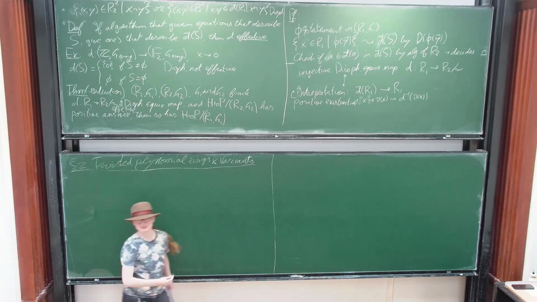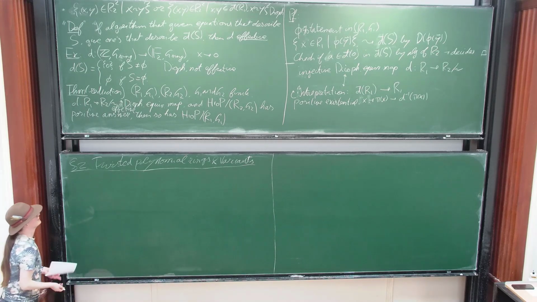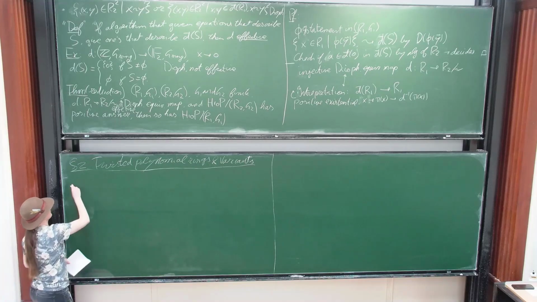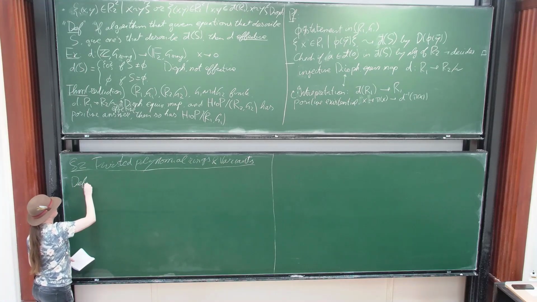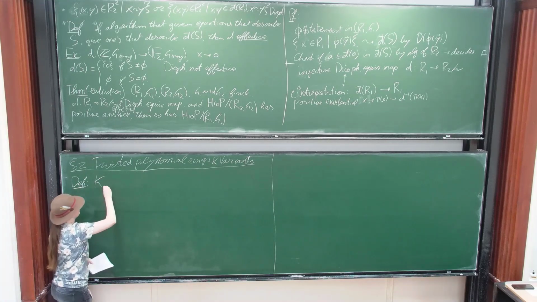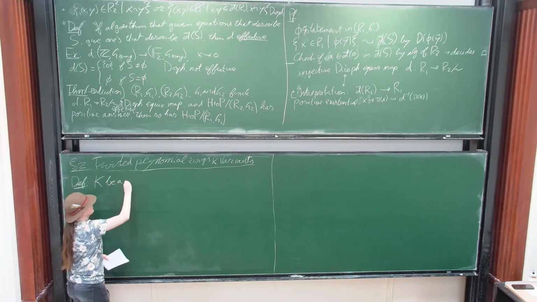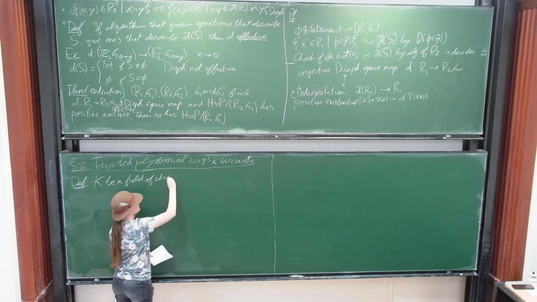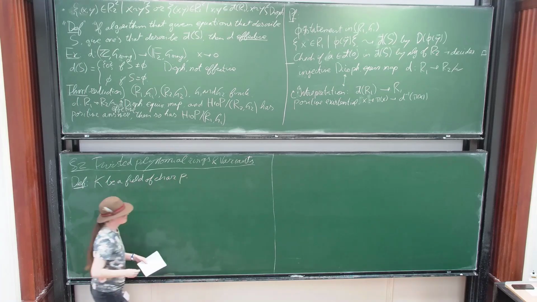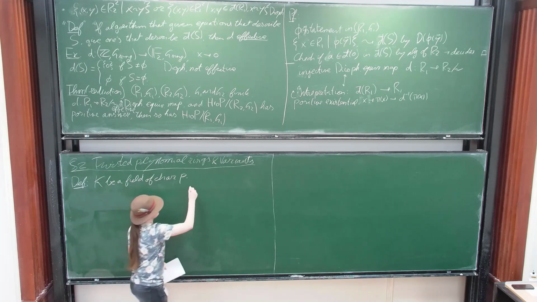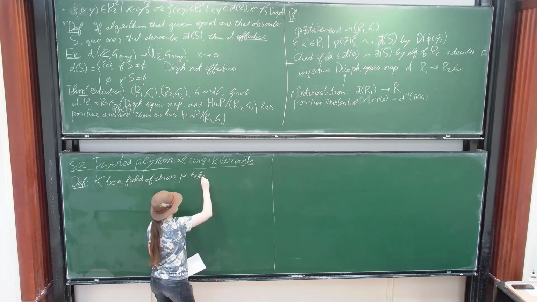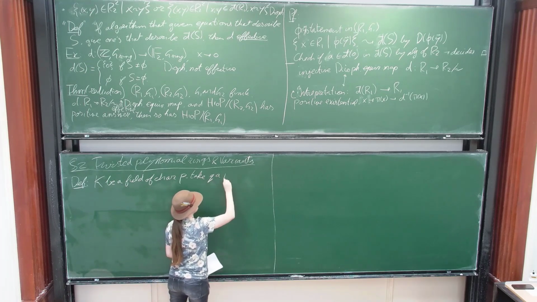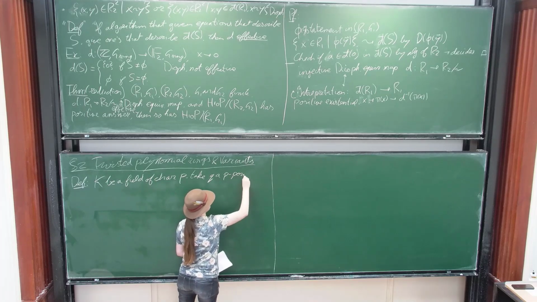So I guess I should first tell you what it actually is. Let K be a field of characteristic p, and we take q a power of that p.